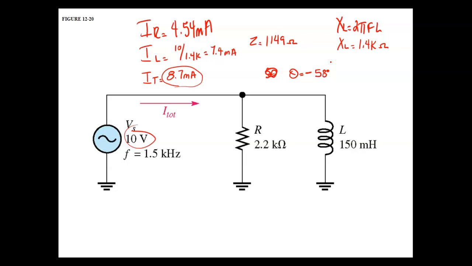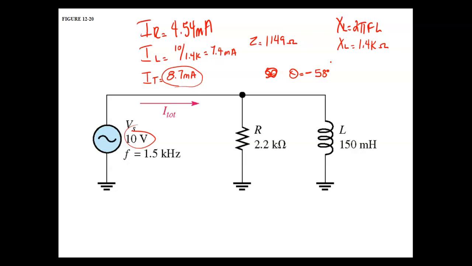Now, the only time this is really going to come into play is when we start combining inductors and capacitors in the same circuit. Because you got to know which way to draw these vectors to decide what the circuit's going to end up with. It's going to be more capacitive or more inductive.